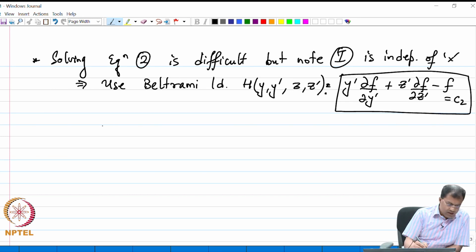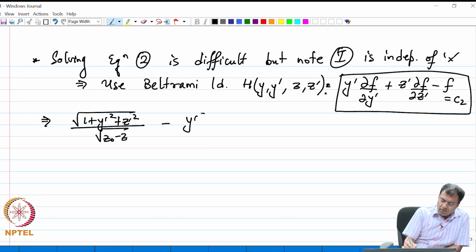We see that this is equal to square root of 1 plus y prime square plus z prime square divided by square root of z naught minus z, minus y prime square divided by, I have just plugged in the expression for small f, the integrand of the functional.